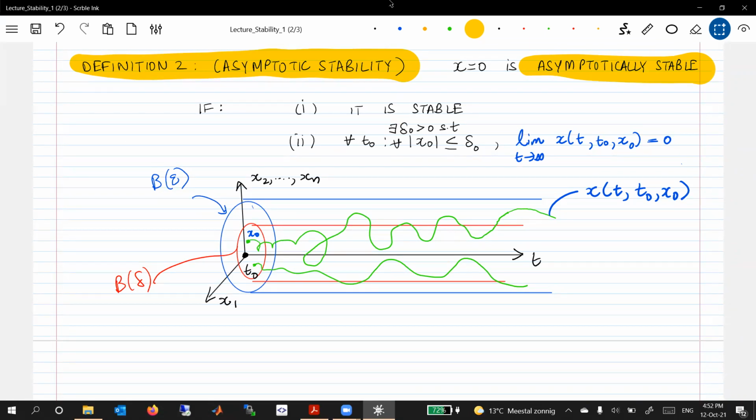So for every epsilon, there should be a delta, but also for every epsilon, there should be a delta naught, which would be a potentially smaller radius. It should be a different color, I think. Yeah. So this is a ball of radius delta naught.